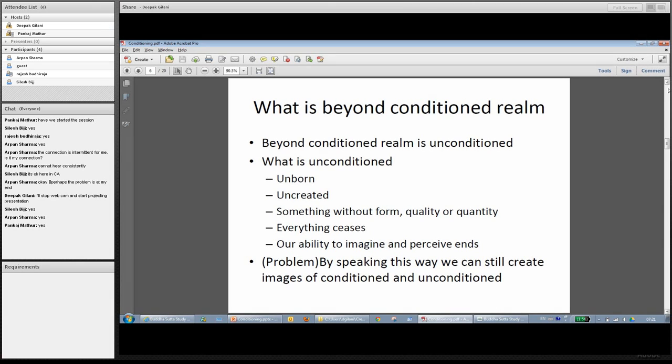And one simple way we can think of being in unconditioned is when we have stopped all our thinking, stopped our reasoning, and we are just being in the present moment. But the moment we try to analyze that, am I there? I am not there. These are momentary moments in a day when suddenly we become quiet and we are getting some inputs, but our thinking mind has stopped for some moments.